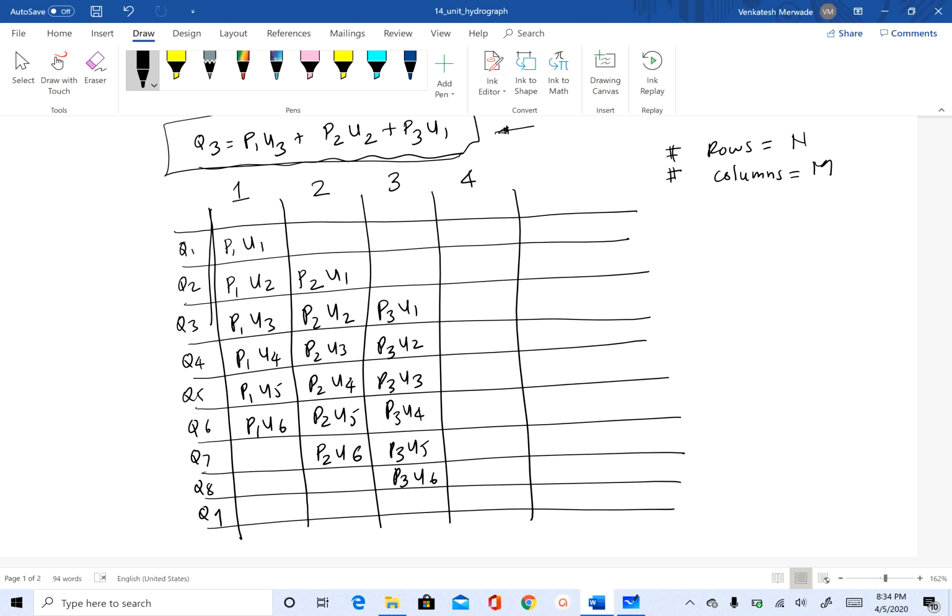And one more time, for the fourth column, we will start in the fourth row: P4 U1, P4 U2, P4 U3, P4 U4, P4 U5, P4 U6.